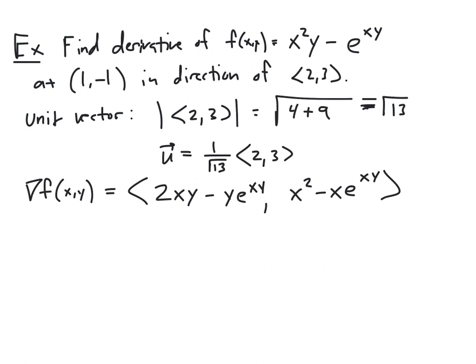At a general point, for our computation here, we're going to want to find the gradient vector at the point 1, -1. Right, so we're going to allow x to be 1 and y to be -1. And when we do that, we get the vector -2 plus e to the -1, comma 1 minus e to the -1.